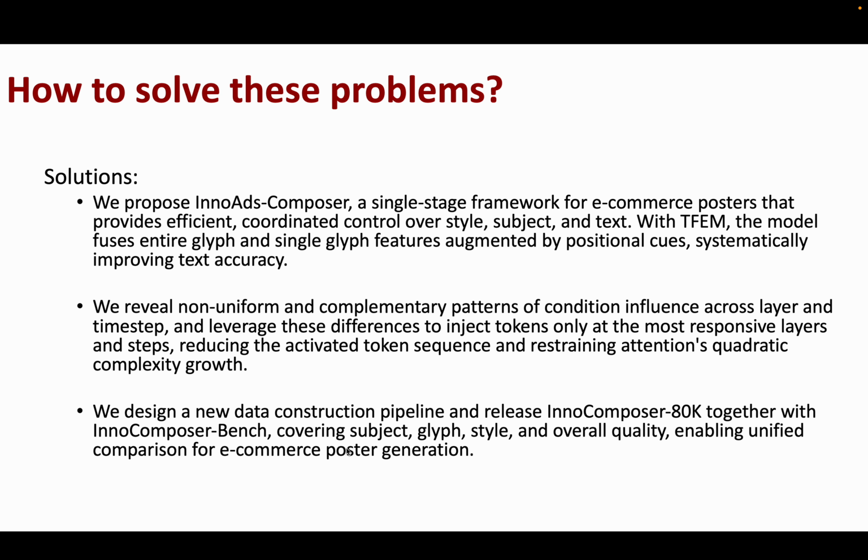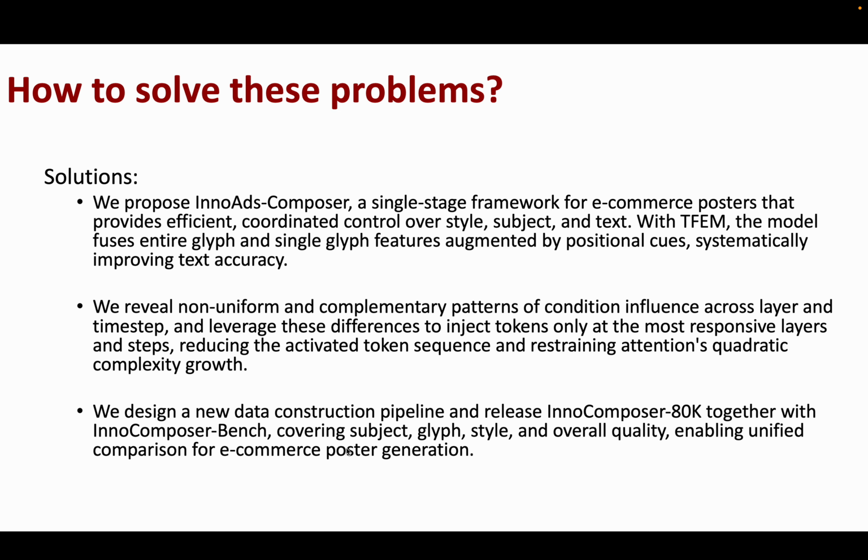To address these issues, we propose InnoAds-Composer, a single-stage framework that enables efficient tri-conditional control tokens over subject, glyph, and style, to alleviate the quadratic overhead introduced by naive tri-conditional token concatenation. We perform importance analysis over layers and time steps and route each condition only to the most responsive positions, thereby shortening the active token sequence.